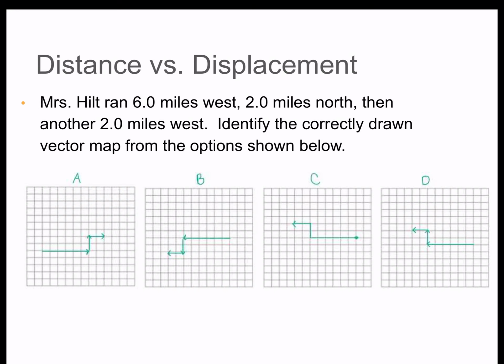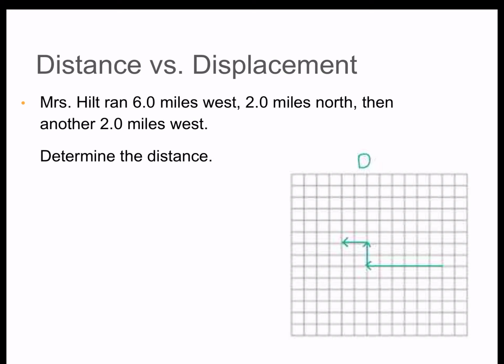Here is another. Mrs. Hilt, me, ran 6 miles west, then 2 miles north, then another 2 miles west. Identify the correctly drawn vector map from the options shown below. D was the correct answer.